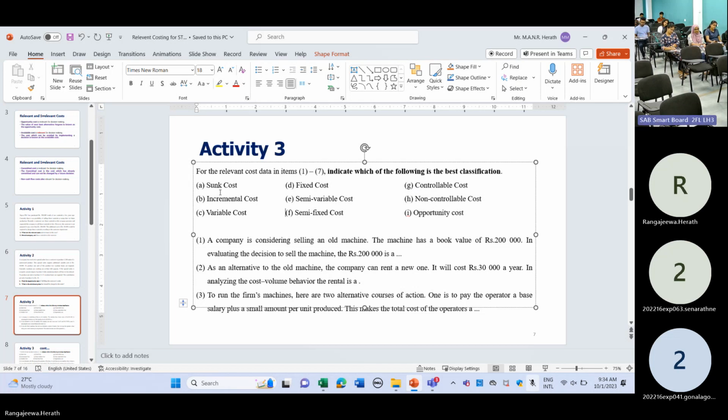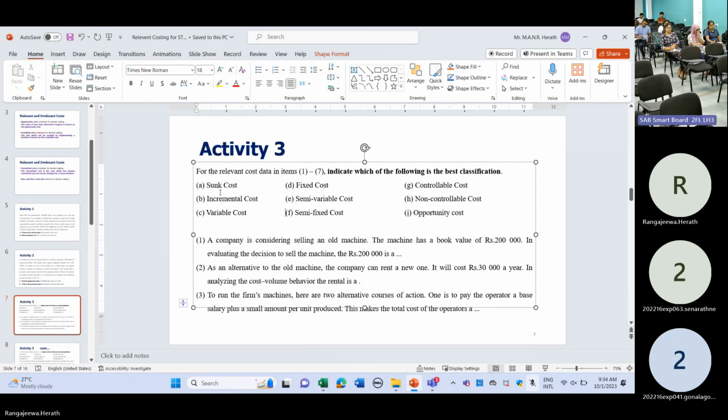If you want to expand your production beyond 10,000, say you are planning to produce 15,000 units, you have to rent another factory building. That will cost you another 200,000. If you are planning to produce 25,000 units, you have to rent another factory building, which will cost another 200,000.